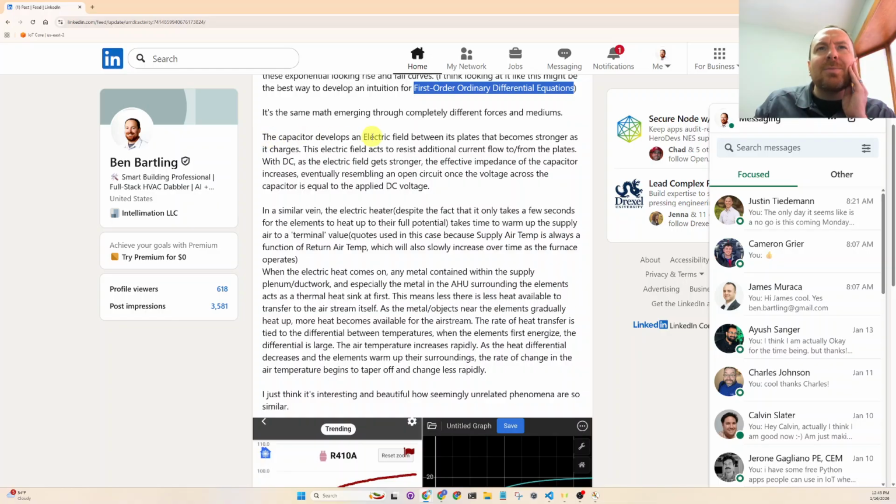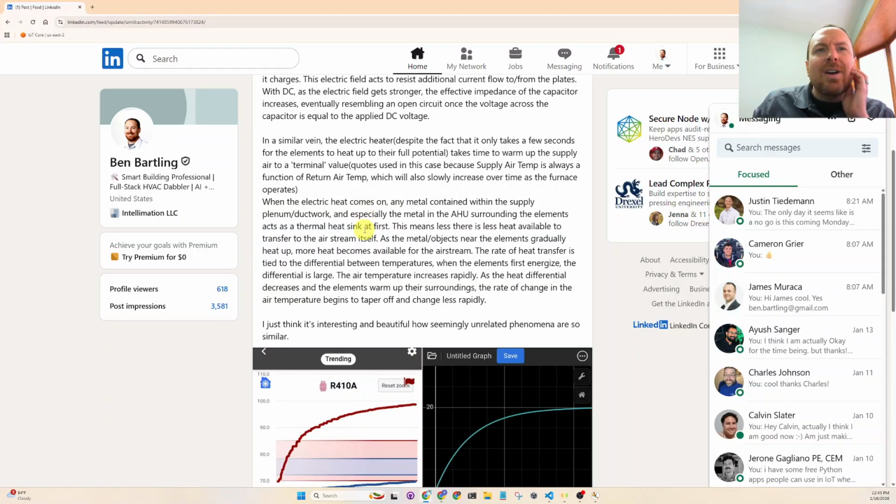The capacitor develops an electric field between its plates and that becomes stronger as it charges. So he's talking about the same thing we're doing, a delta temperature. Like electric heat comes on, any metal contained within the supply will, blah blah blah.